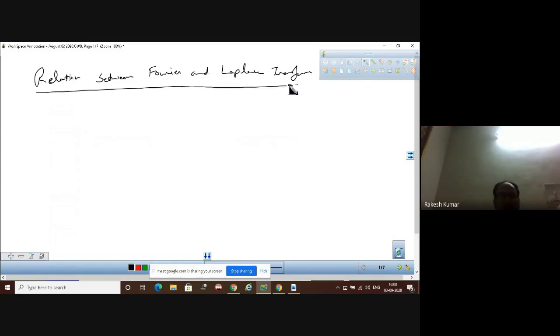Now for this we need to take f of t, a function of variable t, that is e raised to power minus st into g of t, where the function is defined for t greater than 0, and it is 0 if t is less than 0.